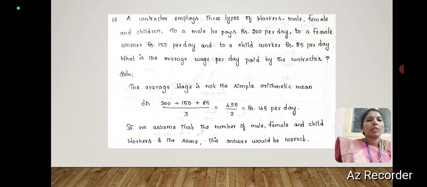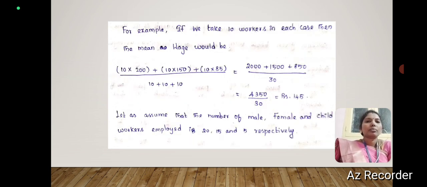If we assume that the number of male, female and child workers is the same, this answer would be correct. Suppose we take 10 workers in each case, the mean wage would be 10 into 200 plus 10 into 150 plus 10 into 85, the whole divided by 10 plus 10 plus 10.